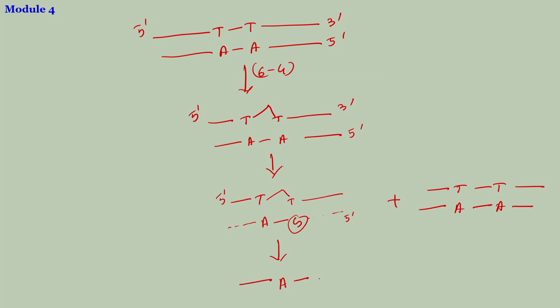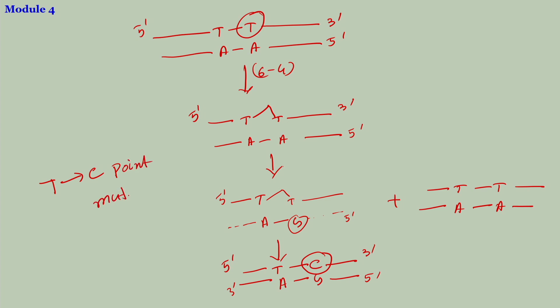So, you have the G, and here T, here ultimately a C will appear. So, you had the thymine originally, now you are getting a cytosine here. So, it is thymine to cytosine point mutation that happens, and of course, the majority of them will repair back.